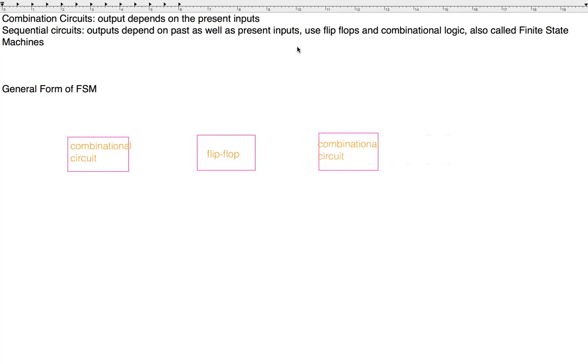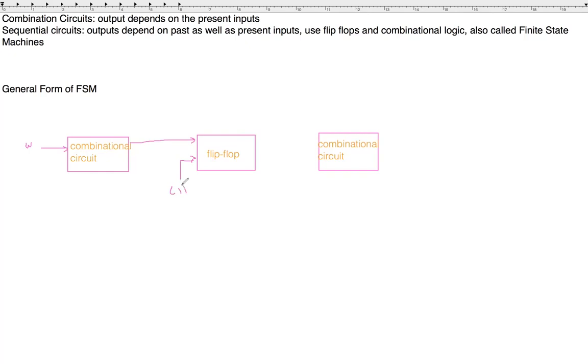Within our combinational circuit, we're going to have our input, usually W, and then it's going to go to the flip-flop. These are D flip-flops in here, so that's going to go to D. And then we also have a clock. Remember, those D flip-flops have a clock input as well.